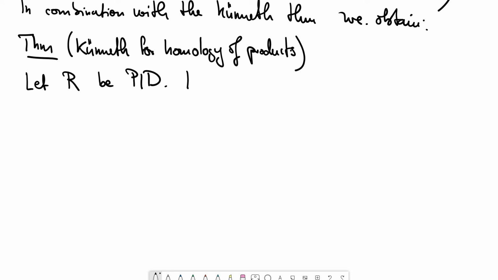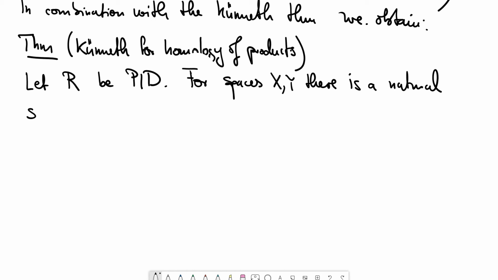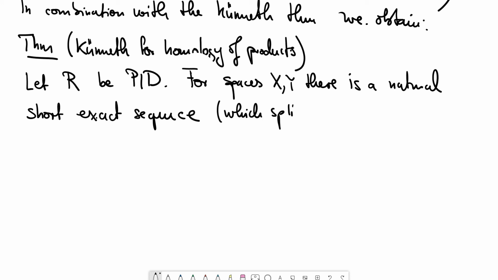And then I claim, for two spaces x and y, there is a natural short exact sequence which splits, not in a natural way, but it does split. And it is of the following form.